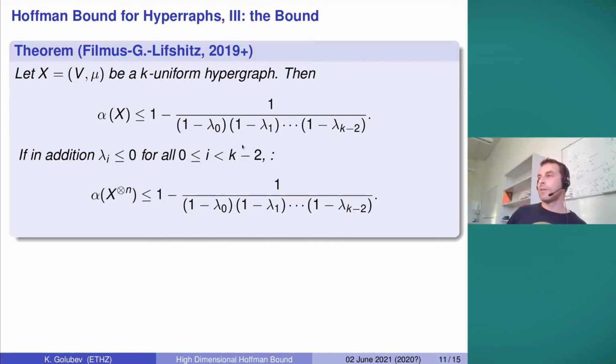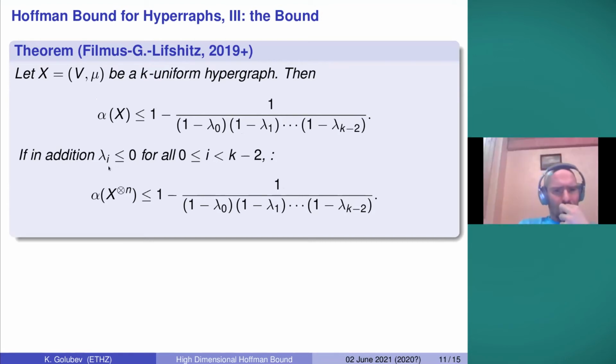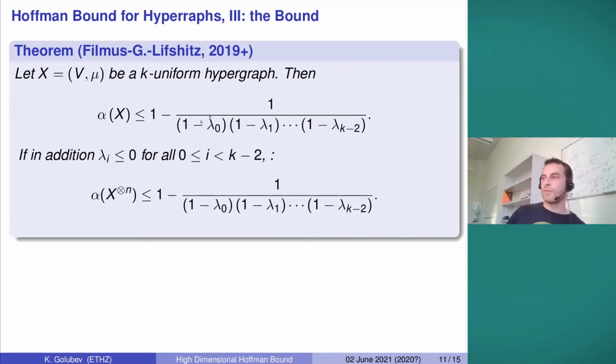Let me double check. If we forget about numbers from 1 to k minus 2, then we have 1 minus lambda 0. It would be exactly the Hoffman bound for graphs. If in addition all the lambda i's are negative, then this bound remains the same for the tensor power of a hypergraph.